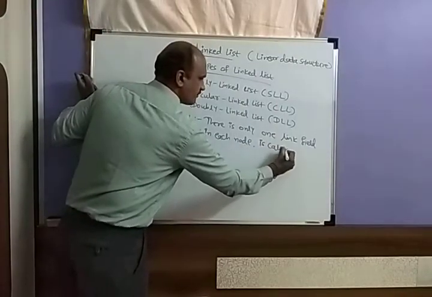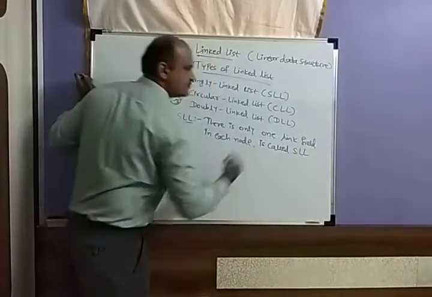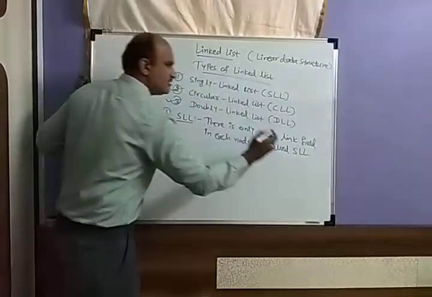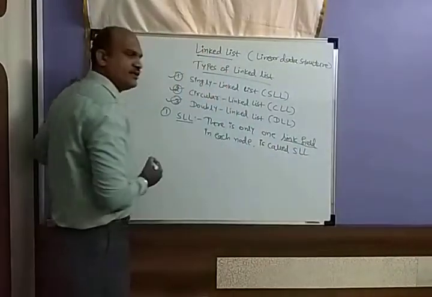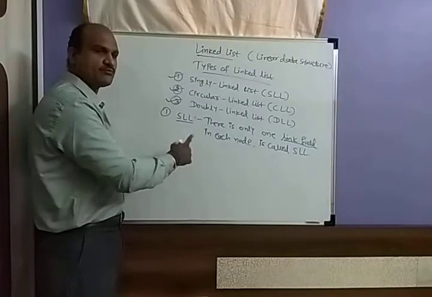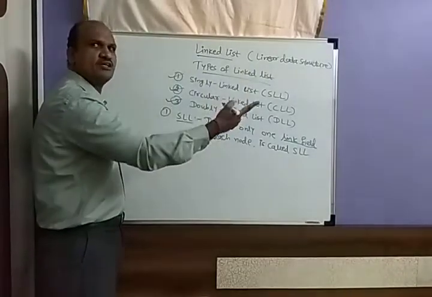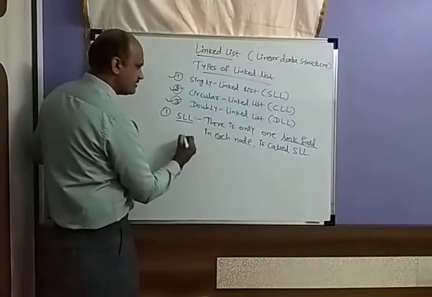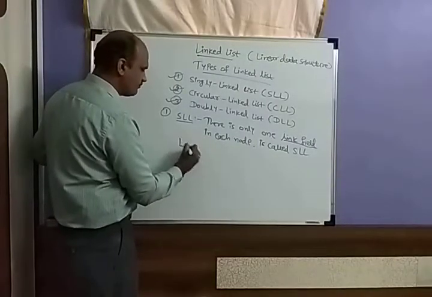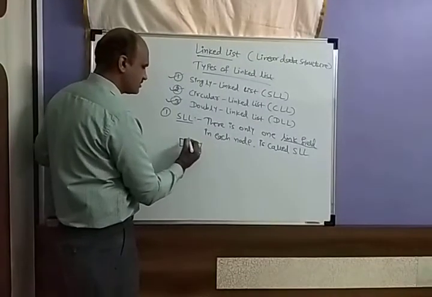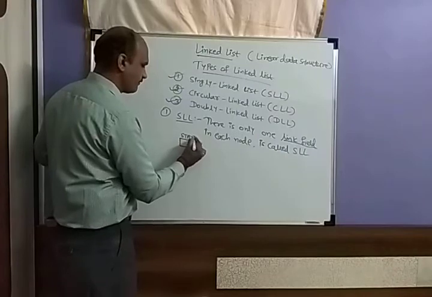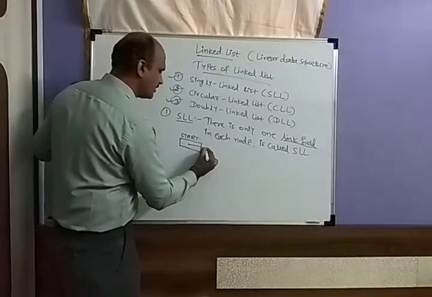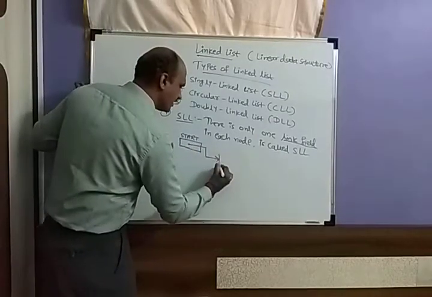There is only one link field. The link field, as I told you, is the pointer which connects to the next node. Again, we can draw the same for this single linked list. With the start you have a pointer, next we create one node.